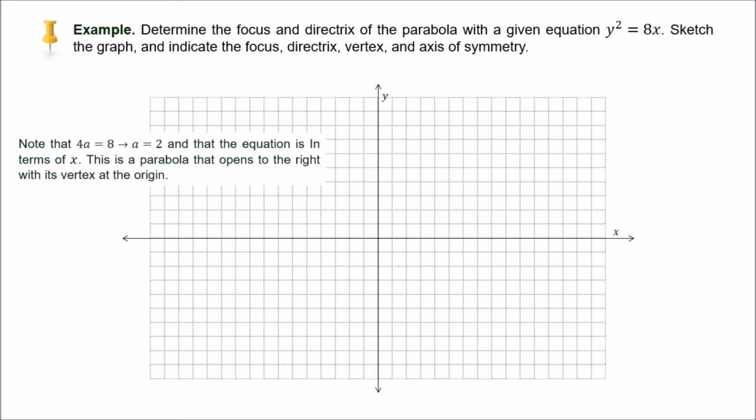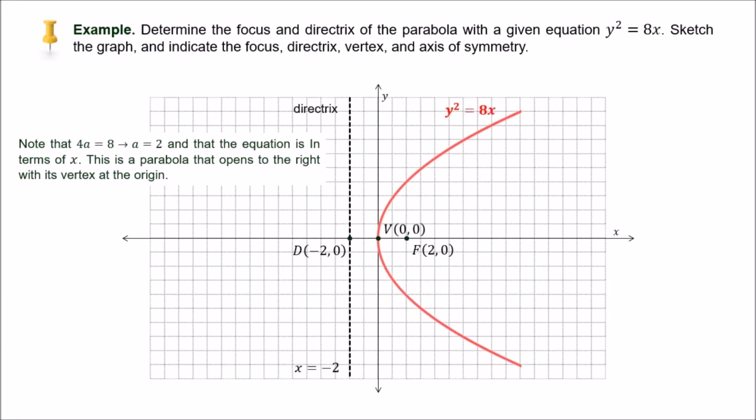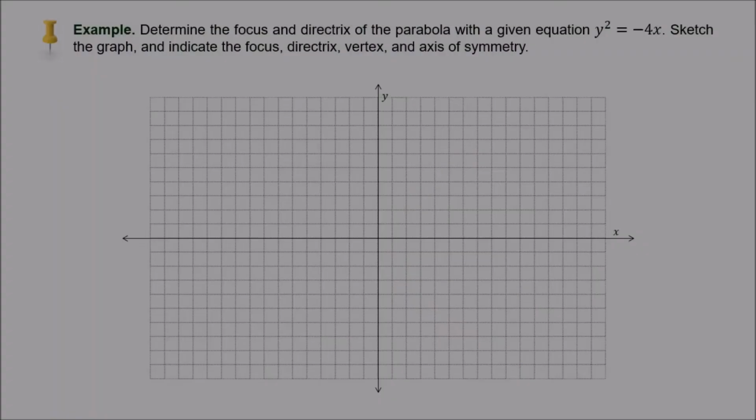Since the form of the given equation means that the vertex is located at the origin, our focus is at the location (2, 0), which implies that the parabola opens to the right. And our directrix therefore has the equation x equals -2.